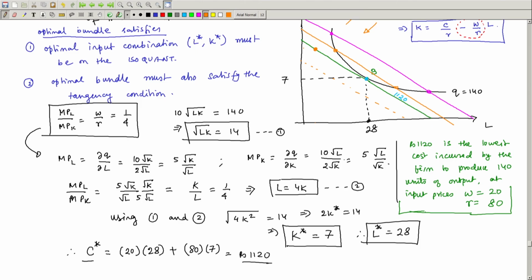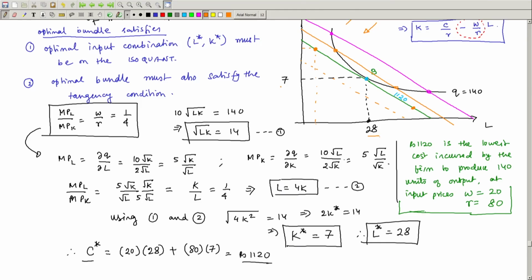Well, that is correct. However, notice this bundle is not on the isoquant. So if the firm were to choose this input combination, it would not be able to produce the 140 units of output. So is the case with another bundle here. While 1120 is the lowest cost incurred by the firm at these input prices, there are potentially infinite combinations of bundles that the firm could buy using these 1120 rupees.